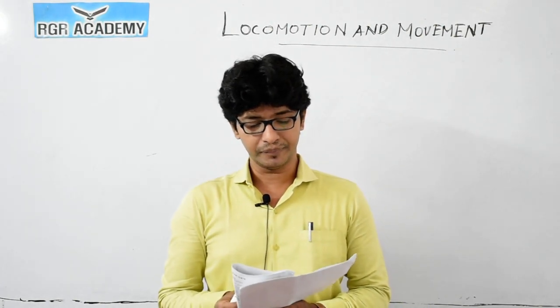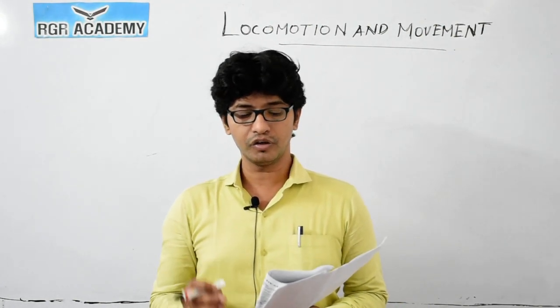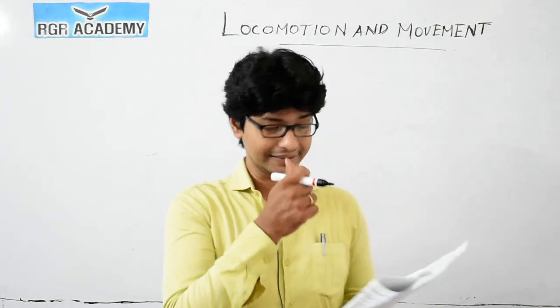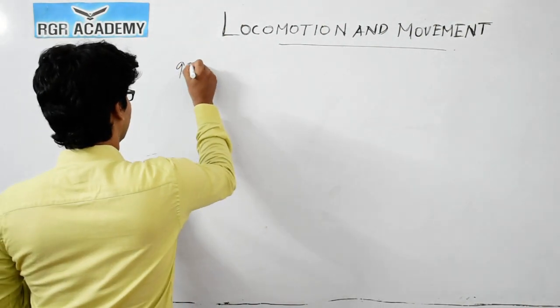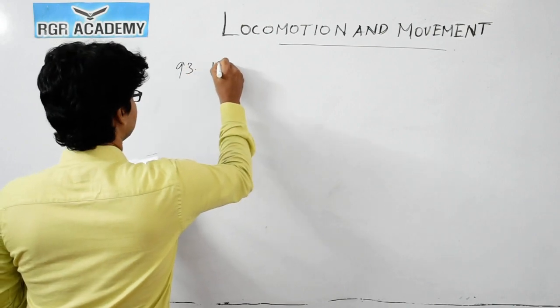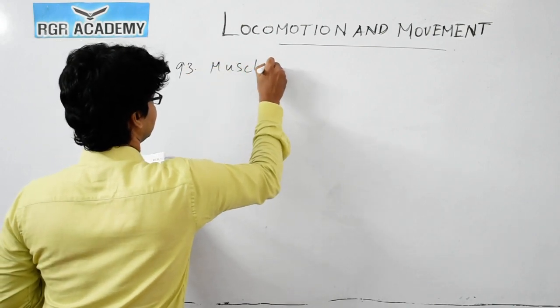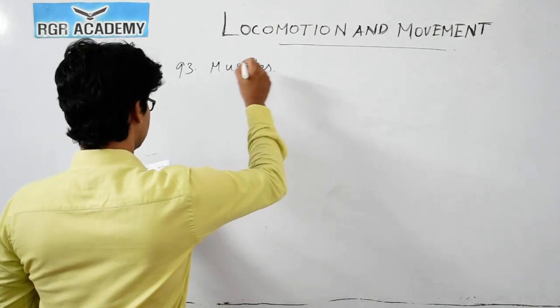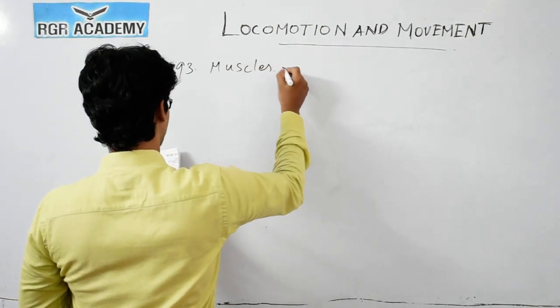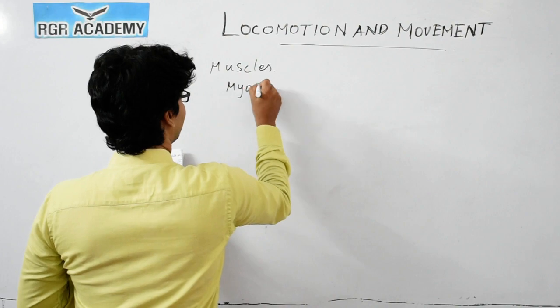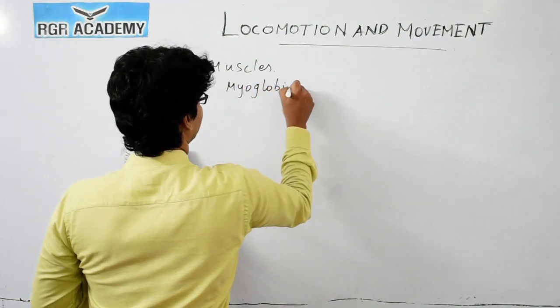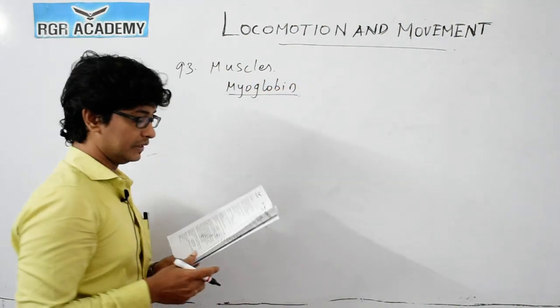Question number 93, myoglobin. Where is the myoglobin present? Myoglobin is present inside the muscles. Myoglobin is iron containing.